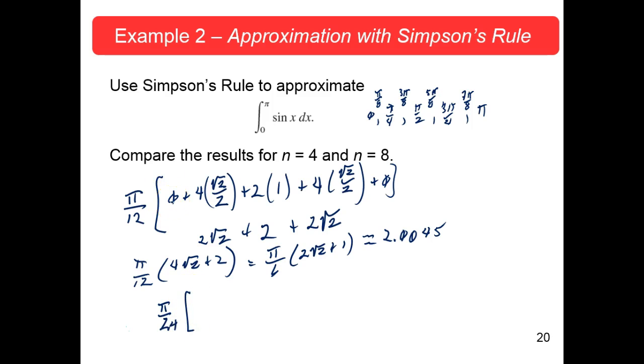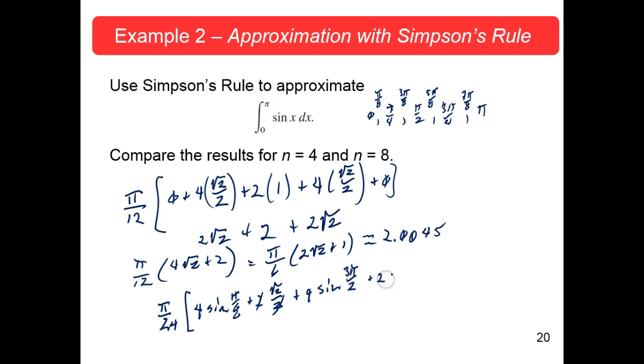The 0 is still going to be 0. You know, evaluated at 0 is still going to be 0. But this time your 4 is going to be here. So it's going to be 4 times the sine of pi 8ths. So keep your calculator handy. Plus 2 times the root 2 over 2. That was pi 4ths. I could do that. Plus 4 times the sine of 3 pi over 8.